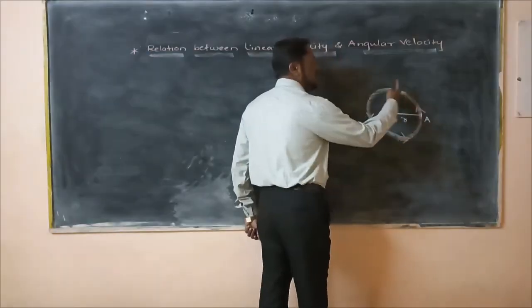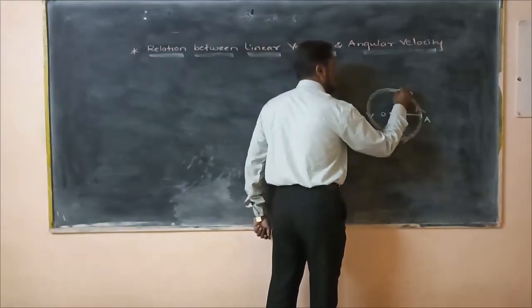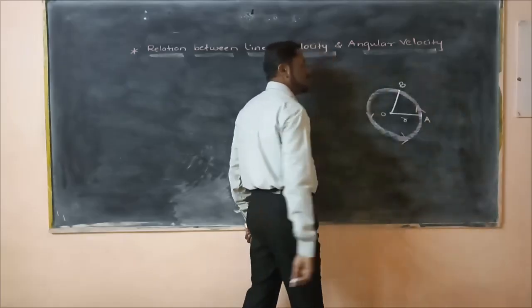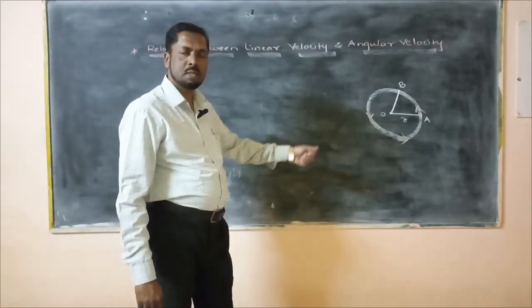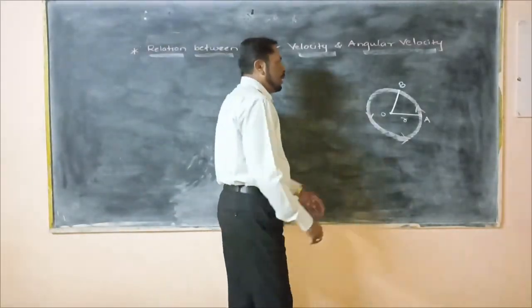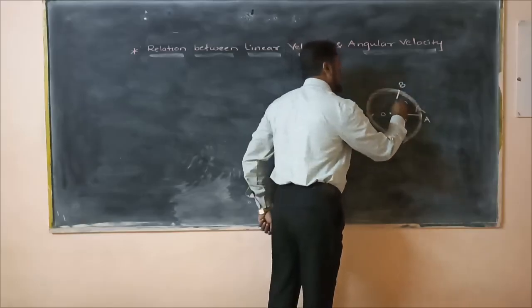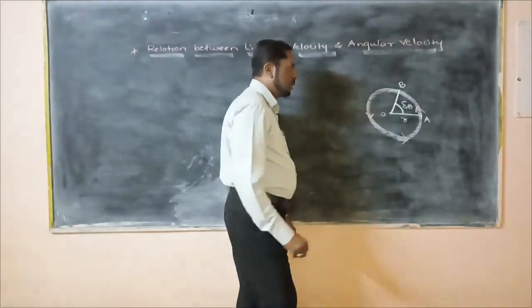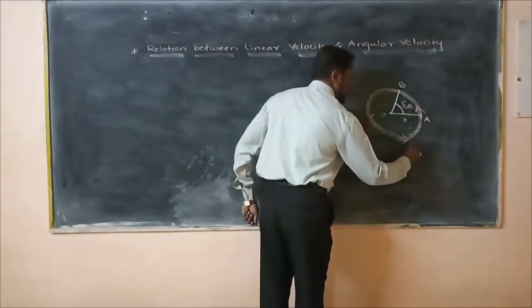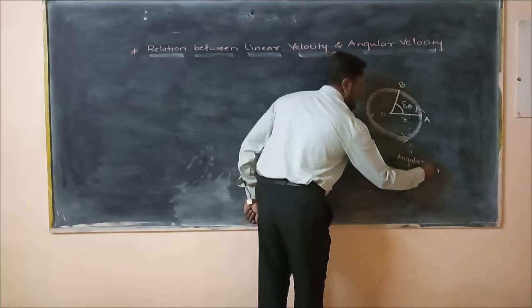As it moves, after a certain time it reaches another point named B. When A reaches B, it makes a certain angle theta, which is called the angular displacement.